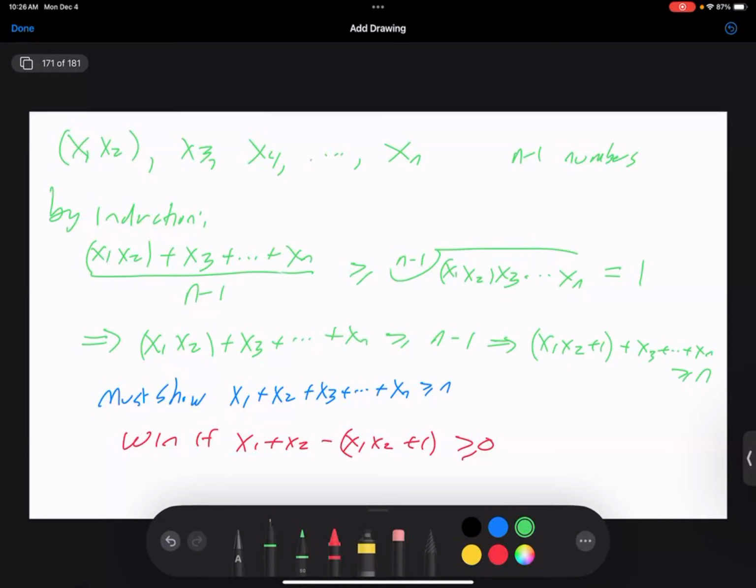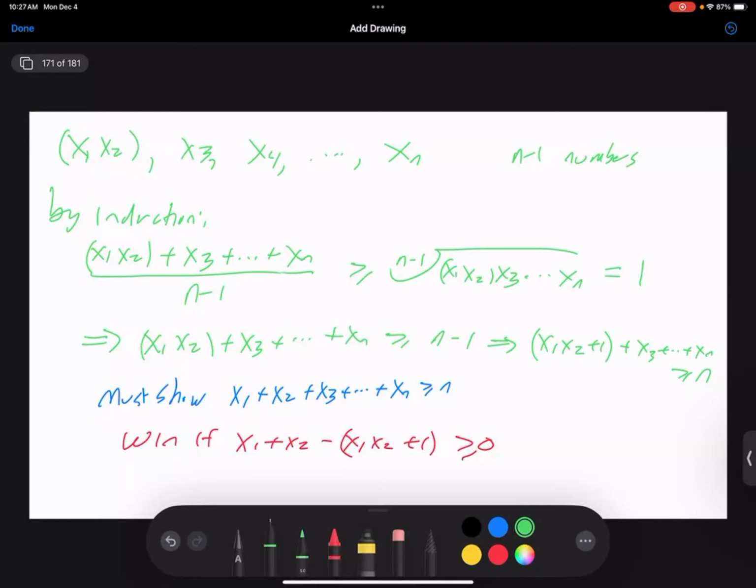Well, because we're proving things by induction. So we're assuming we know the arithmetic mean, geometric mean inequality when we have n minus one objects. And then we're trying to show that we have it when we have n objects. So we're grouping x1 and x2 together to create this new number, x1 times x2. And now we have n minus one numbers. And we group by multiplication and not addition.